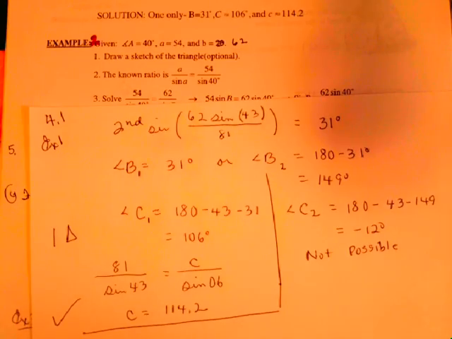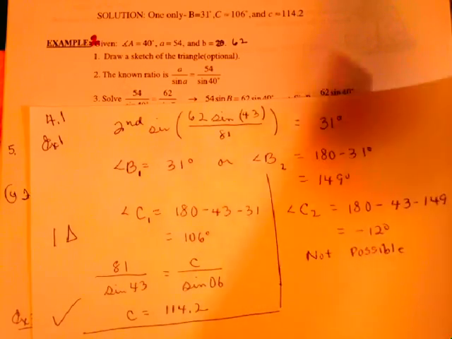Given angle A equals 40 degrees, side A is 54 and side B is 62. This is another angle-side situation.